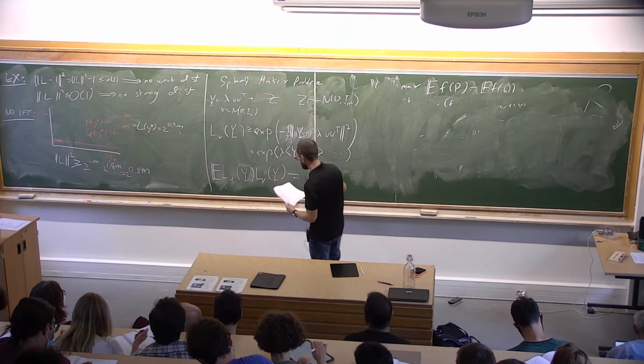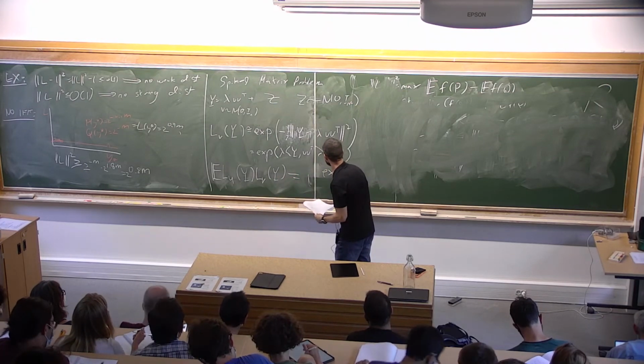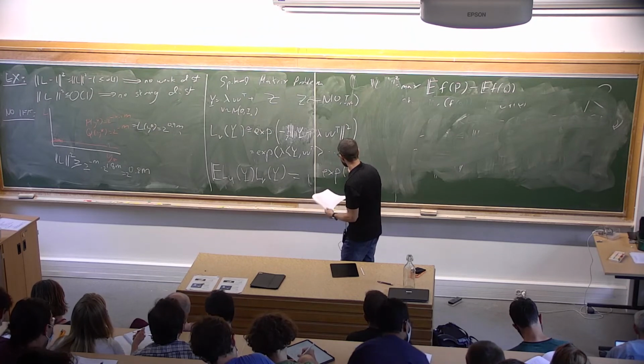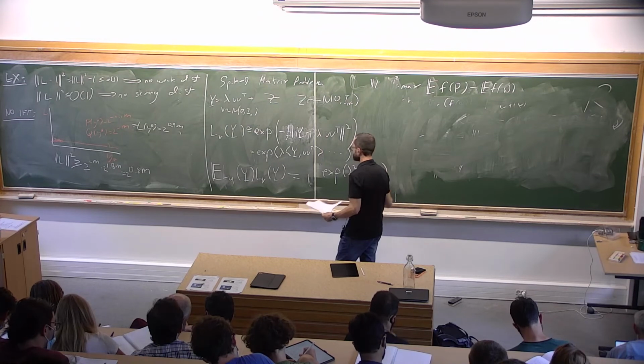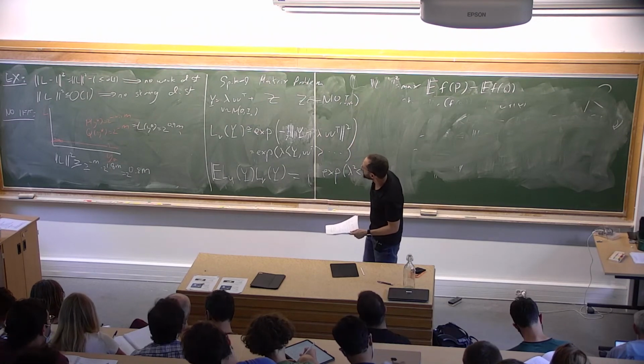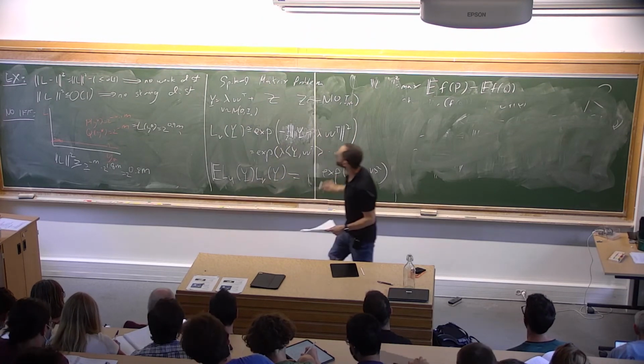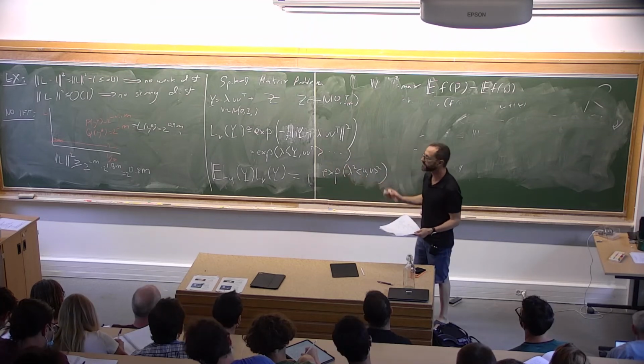So this just comes out to be the expectation of exponential of lambda squared, the dot product of u v squared.